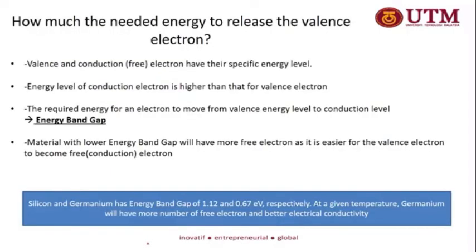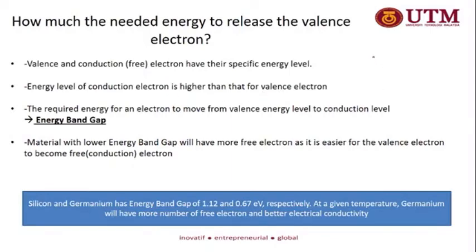Okay, the next question is how much energy is needed to release the valence electron. Because the electrons inside the atom have their own energy shells, each energy shell will have its own specific energy level or energy value. The same applies to the valence and conduction electrons, which have their specific energy levels. The energy level of the conduction electron is higher than the energy level of the valence electron.